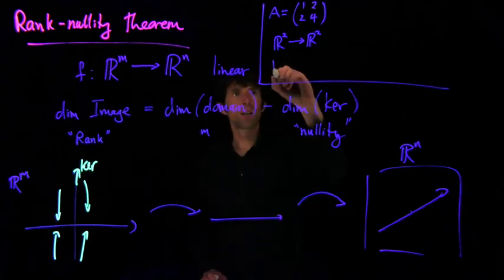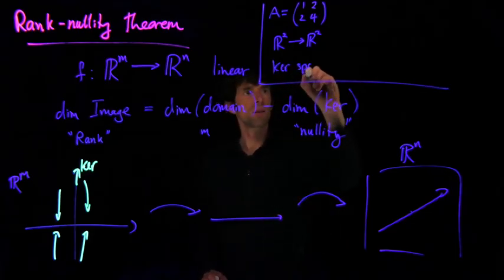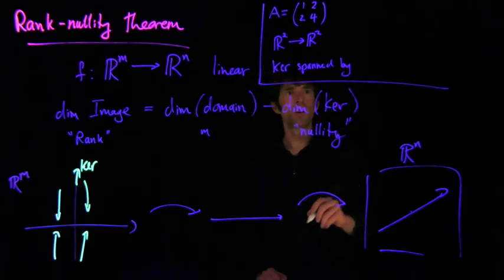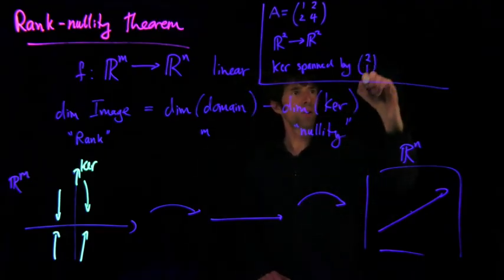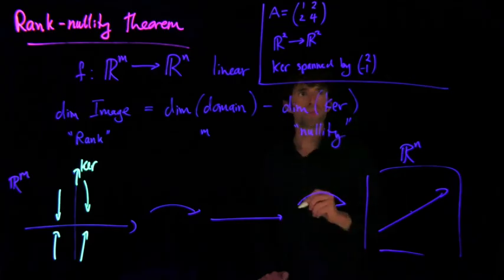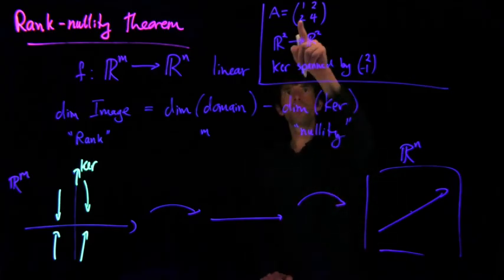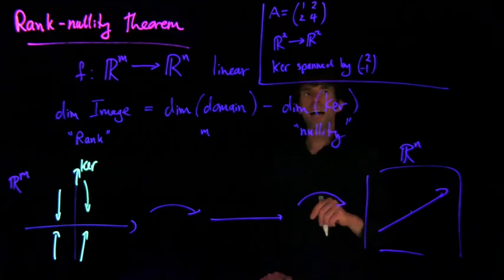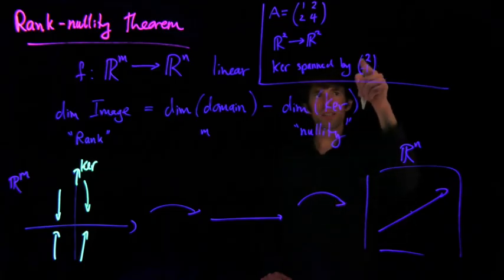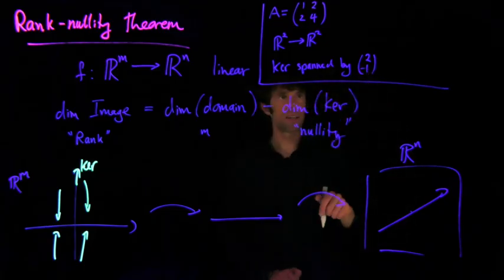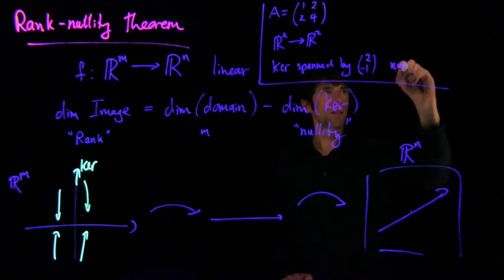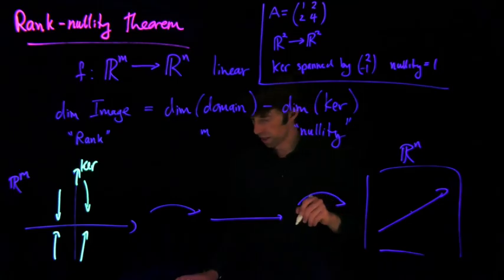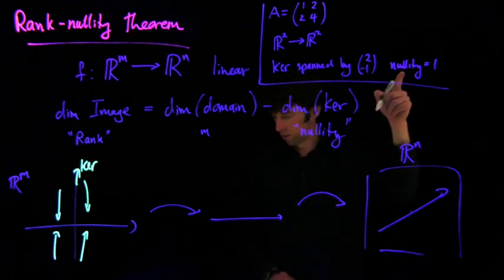And what we saw is that the kernel was spanned by the vector (2, -1). So 2 times the first column minus 1 times the second column gives me a 0. And anything else in the kernel is a scalar multiple of this vector. So the nullity is equal to exactly 1. That's the dimension of the kernel.